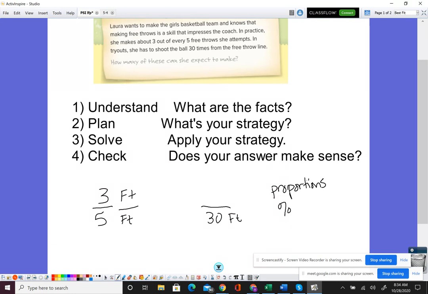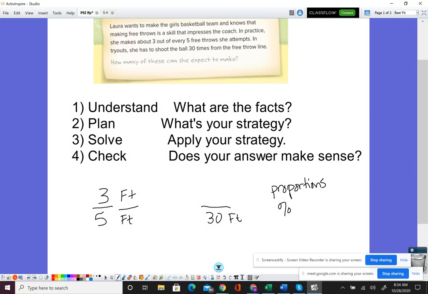Any other strategy that we could use to solve this? I just divided. You just divided. Tell me about your division. What'd you do? I just did 30 divided by 5, whatever that was, I times that by 3.